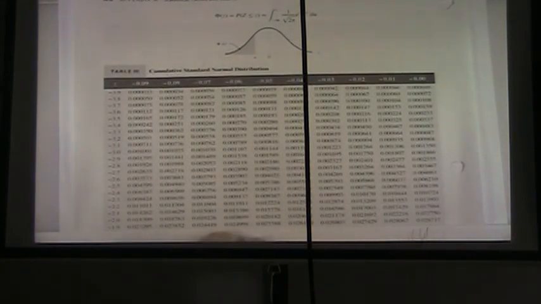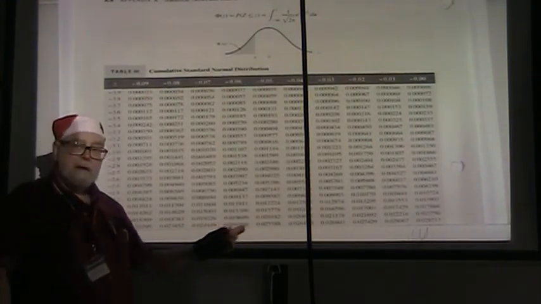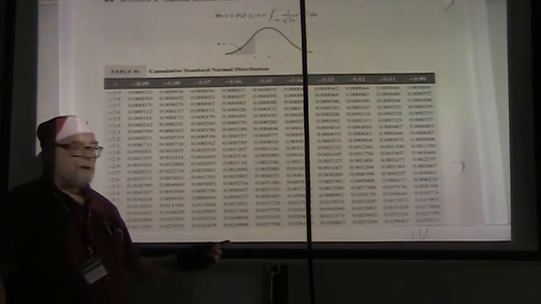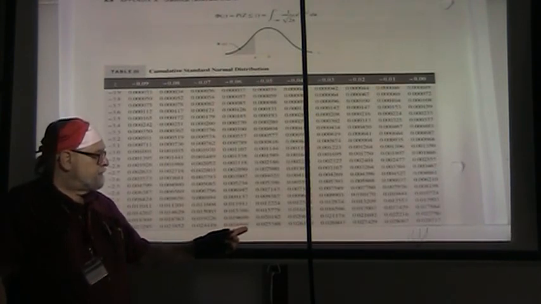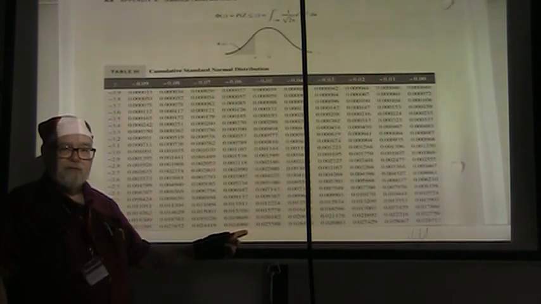And I'm going to choose 0.024998 as being the closest one to 0.025, right? Because it's only 2 millionths off from that number.